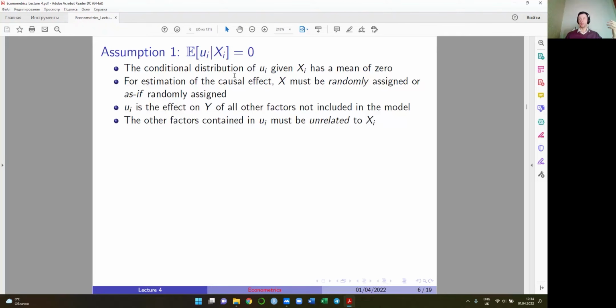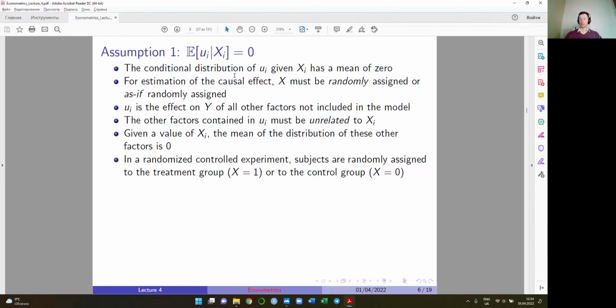This is why we are making this random assignment of treatment. Given a value of X, the mean of the distribution of these other factors is 0. We are not able to predict how these other factors will affect the outcome variable.